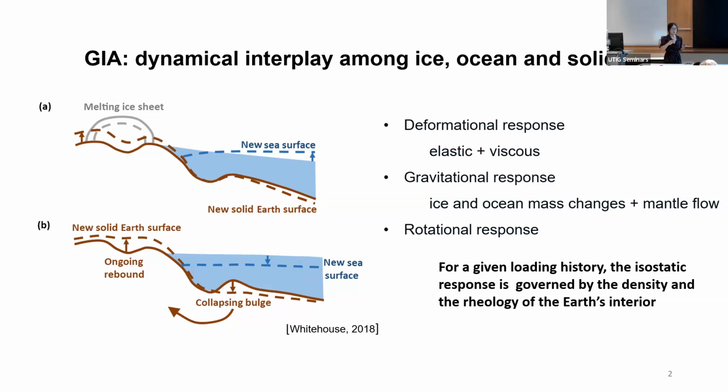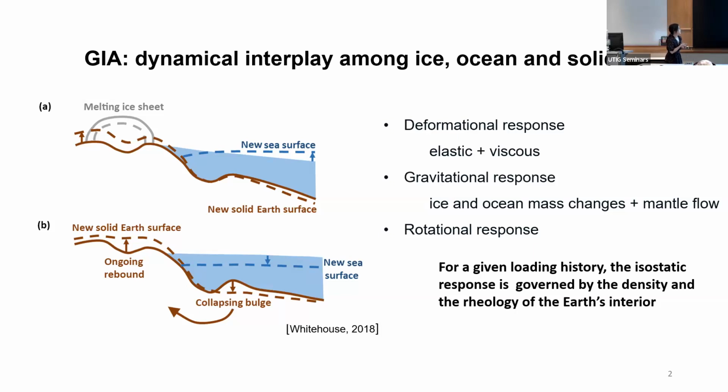And consider all of those ice mass changes, the ice melted water going to the ocean, and also the mantle flow. All of this surface mass and mantle interior mass redistribution will perturb the gravitational field of the Earth, so we also have a gravitational field response.